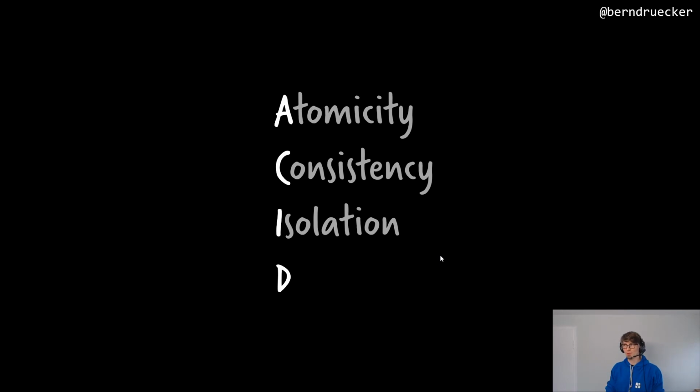Isolated, that's one of the most important properties. Actually, we will look at that later in more depth. It means if you have two threads, for example, that try to access the same data, one only sees the data once the other transaction is committed. Before it's committed, it's not visible from another thread. You can adjust that by isolation levels of a database, but that's kind of the default.